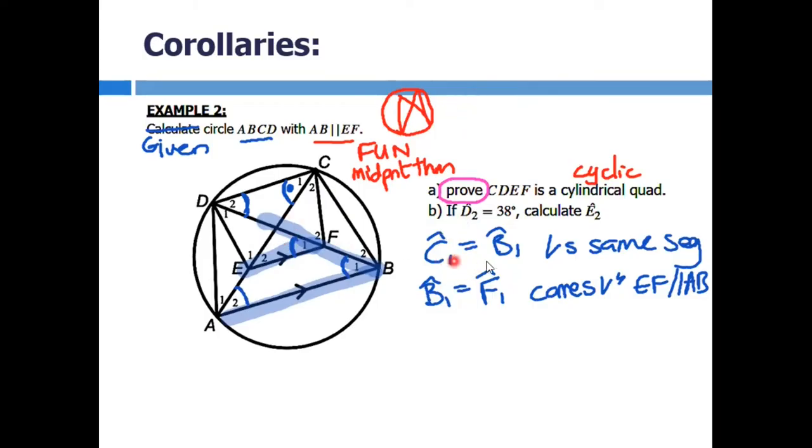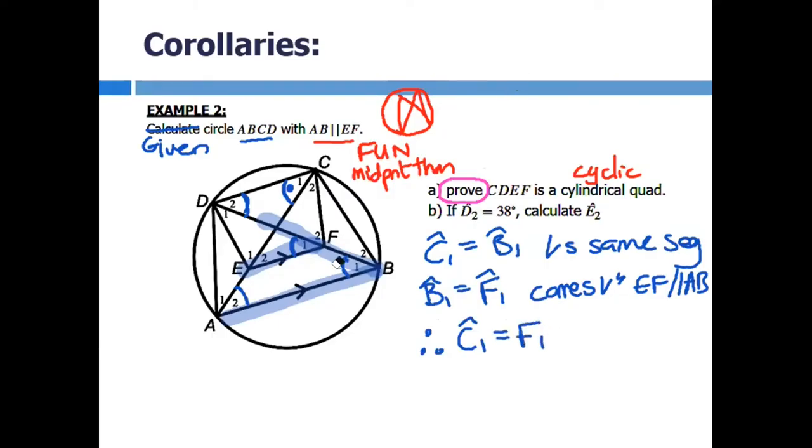We've got that C1 is equal to B1, but B1 is also equal to F1. So what conclusion? These two guys have to be equal to each other because they're both equal to B1. So therefore, C1 is equal to F1.